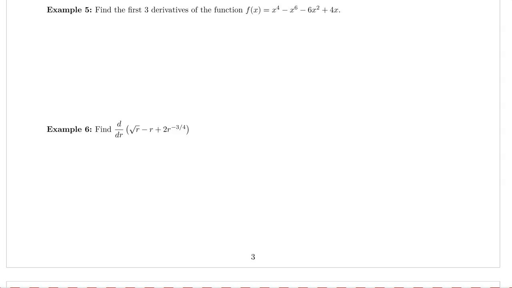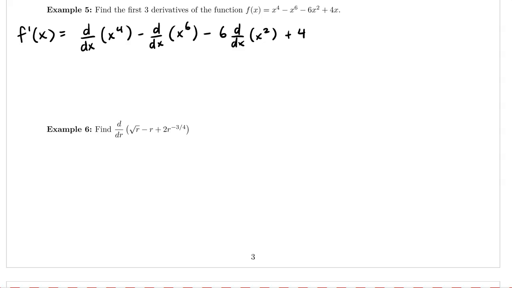Example 5 says find the first three derivatives of the function f of x equals x to the 4th power minus x to the 6th power minus 6x squared plus 4x. And I'm going to say f prime of x, our first derivative, is equal to, I'm going to use the rules that we just learned to say that it's the derivative of x to the 4th minus the derivative of x to the 6th power minus 6 is a constant, so I can pull that out.